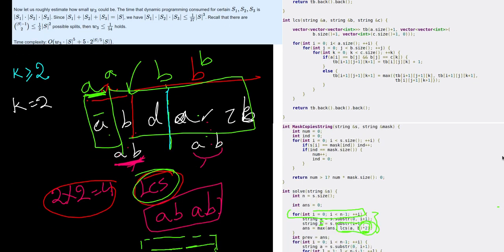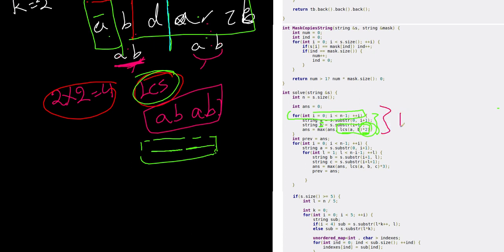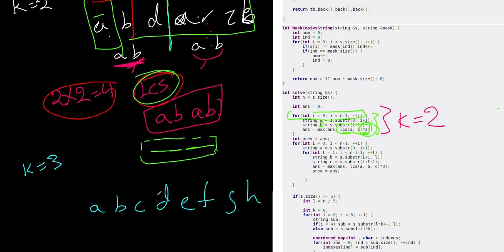Now this is for K equal 2, then we need to check for K equal 3. Again we will do the same thing, but instead of splitting the string into two parts, we will split it into 3 parts.